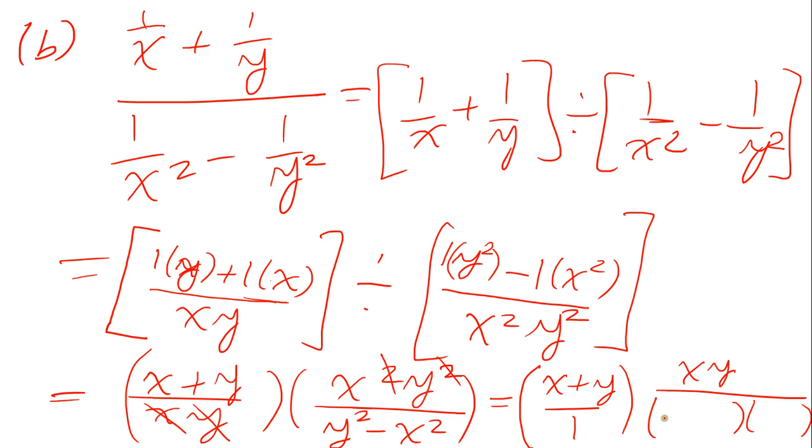So this denominator is going to be y plus x and y minus x. So basically, this and this are going to go away. So I'm left with xy over y minus x.